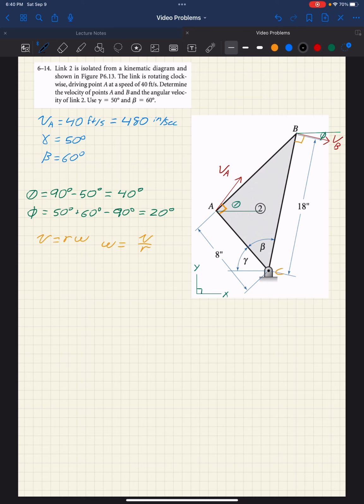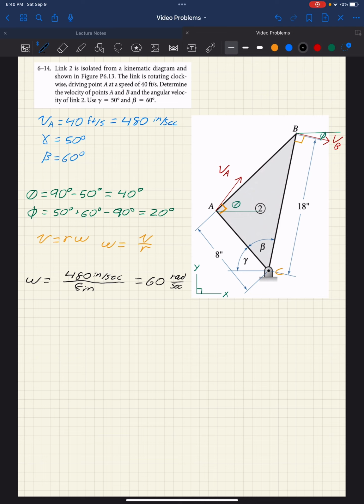Okay, so let's use this. Omega is equal to, and we know VA, and we have it in inches per second, 480 inches per second over R, 8 inches. And this gives us omega equal to 60 radians per second.